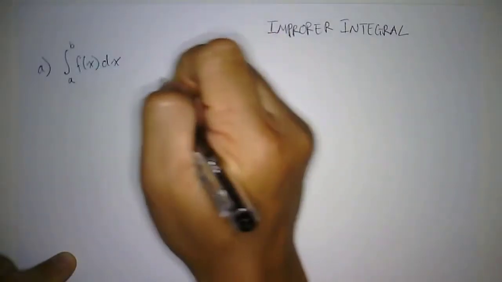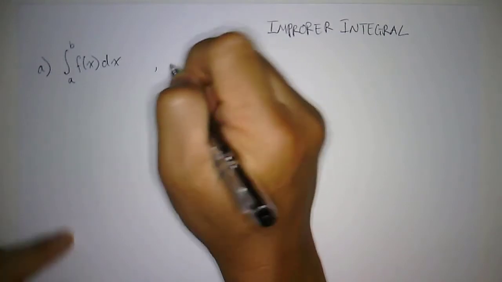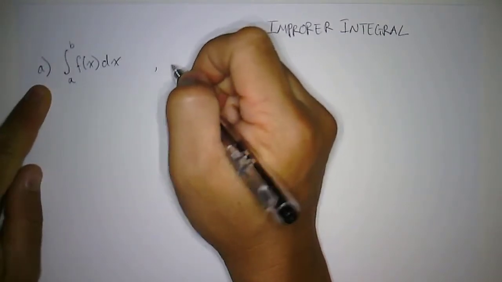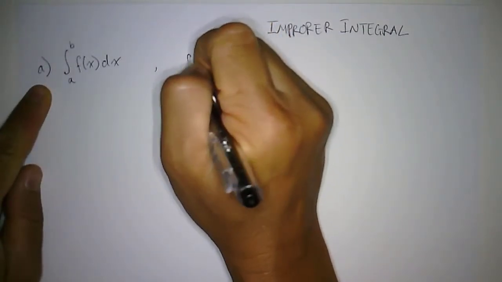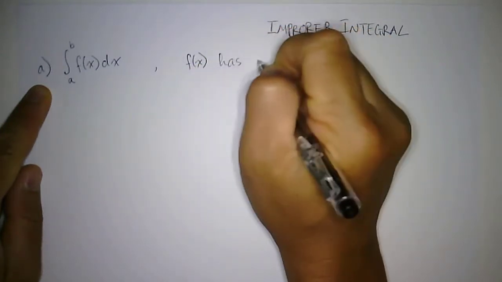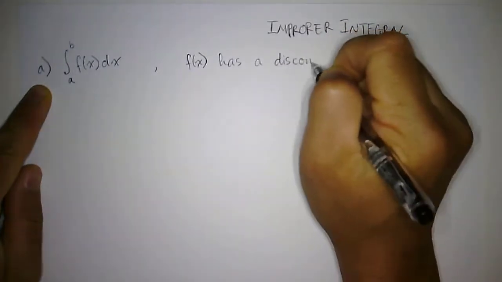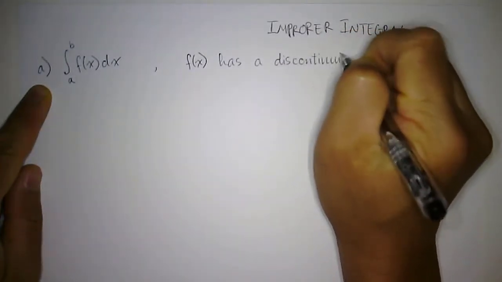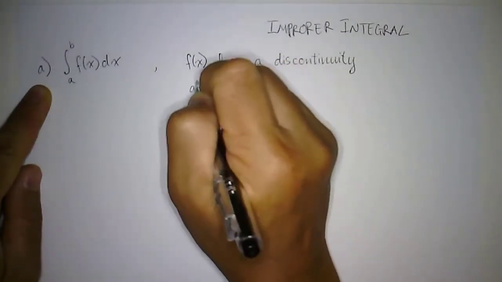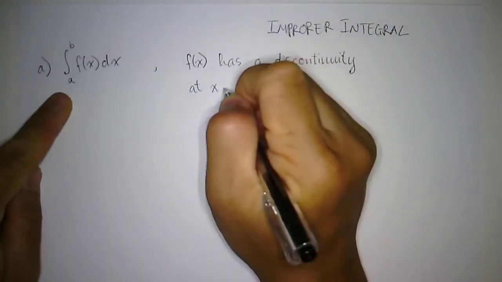In case A, we described the case where the function f of x itself has a discontinuity at x equals a.